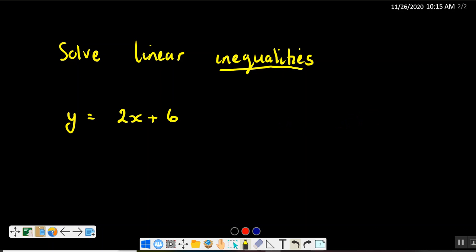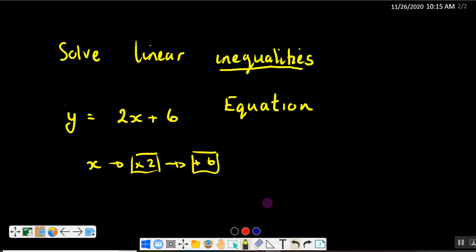We are saying one side is equal to the other. So if I take 2x plus 6, if I take a value for x, I multiply it by 2, then I add 6, I get a number, and I'm going to call that number y.